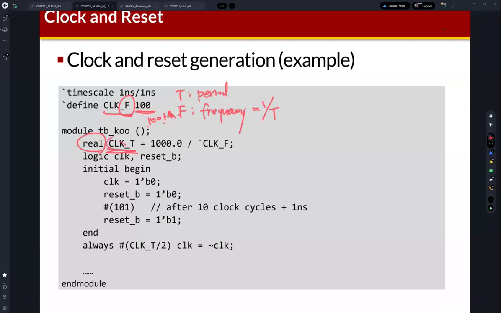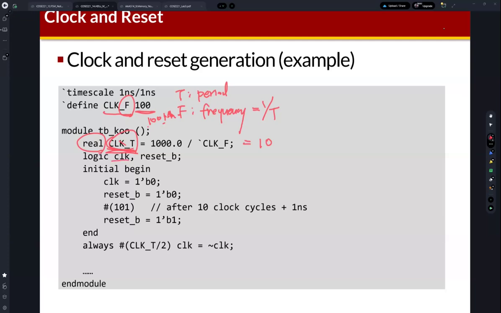I calculate clock_T, which is the clock period, and this clock period is represented using a real number. So it's a floating point number. 10,000 divided by the clock frequency is equivalent to 10, so 10 nanoseconds. The same.